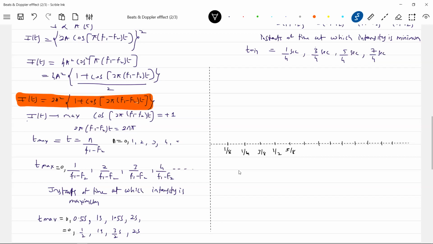Then 5 by 8. 6 by 8 will be 3 by 4. 7 by 8. 8 by 8 will be 1. 9 by 8. 10 by 8 will be 5 by 4. 11 by 8. 12 by 8 will be 3 by 2. 14 by 8, 7 by 4. Everything, t is in seconds.